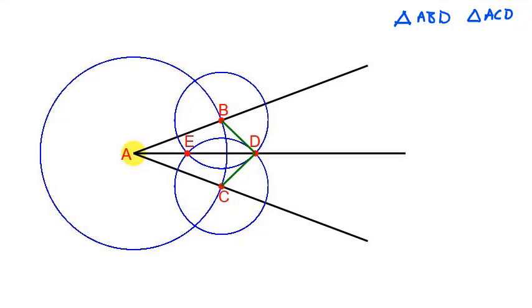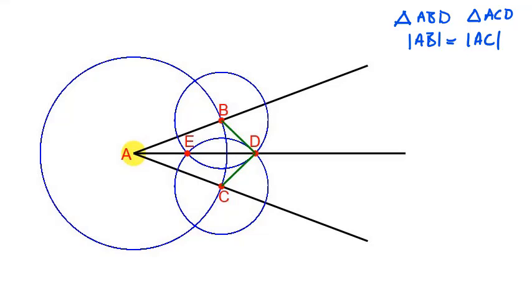Now, the length of the line segment AB is equal to the length of the line segment AC because they are both radius lines from the same circle. So we can say that AB has the same length as AC.